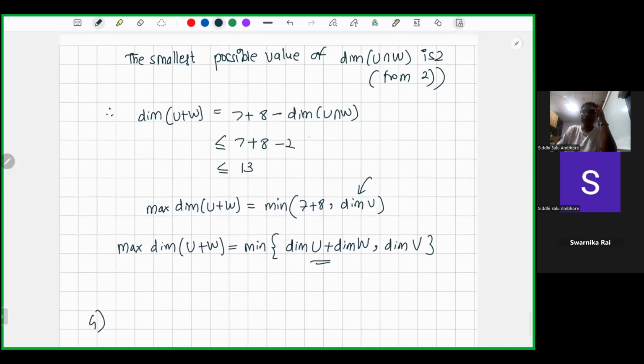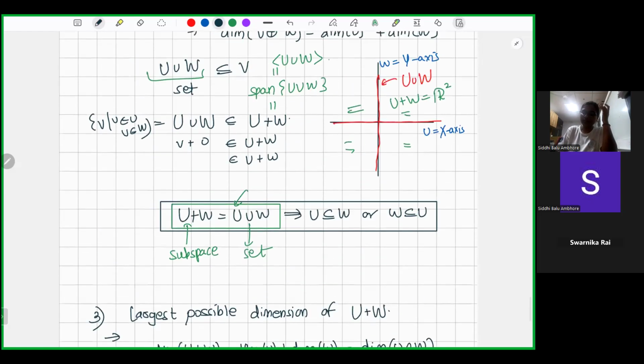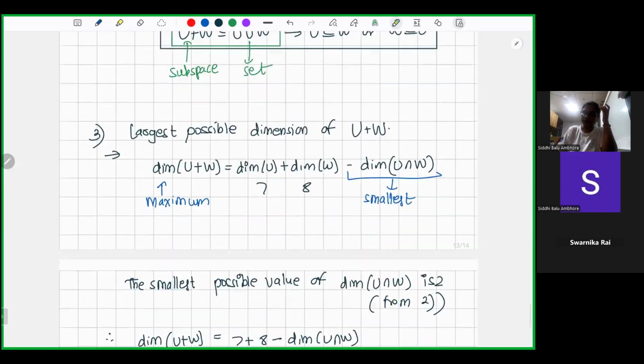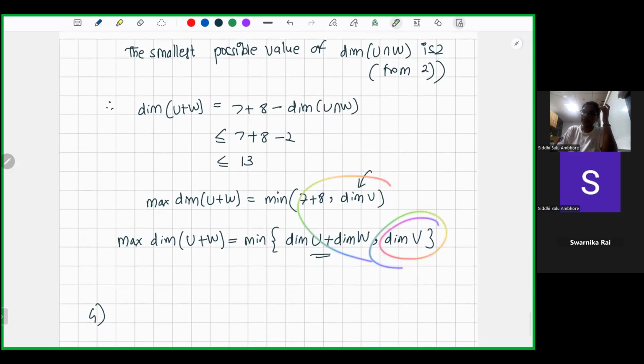Here we could do this because we had the minus. The upper limit is anyway defined by the dimension of V, 13. This minus 2 which we got here was actually because the dimension of V is 13, so we are not doing anything extra.